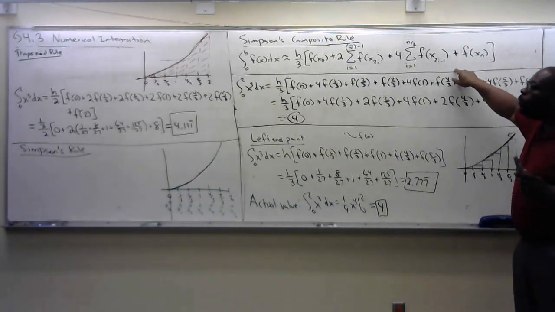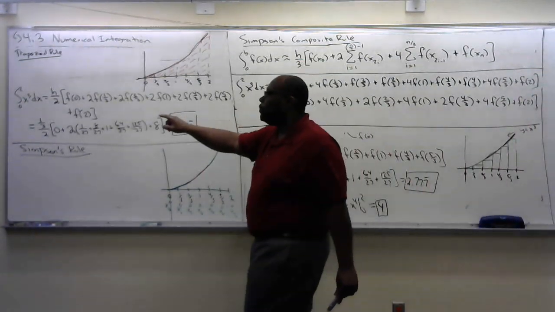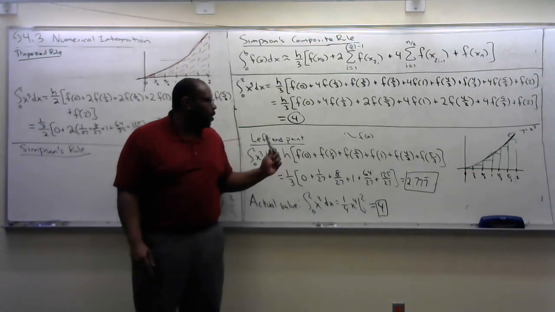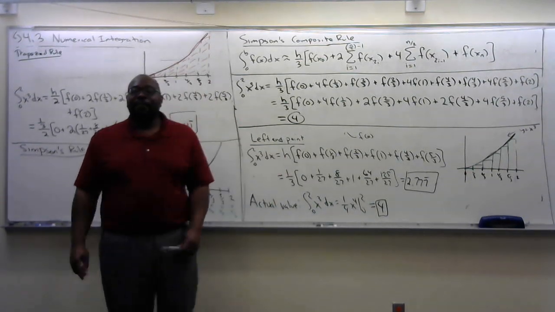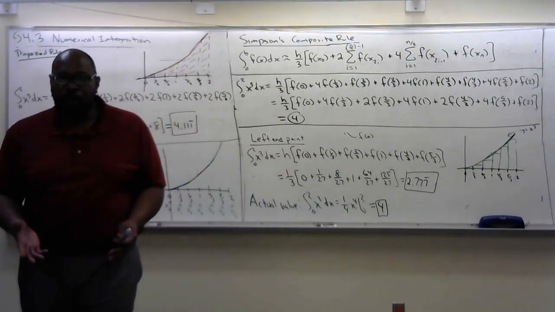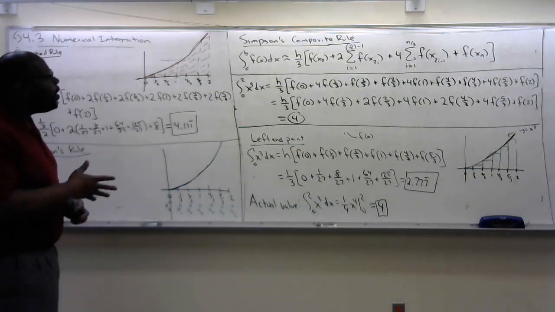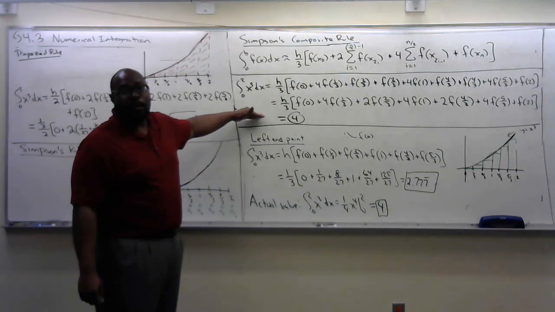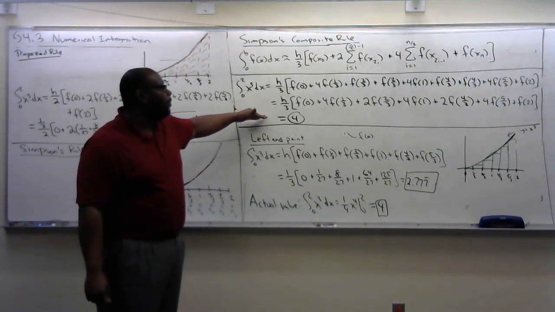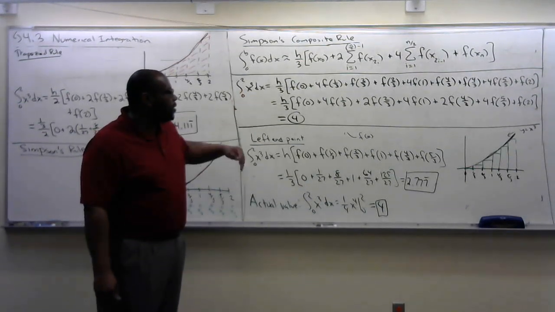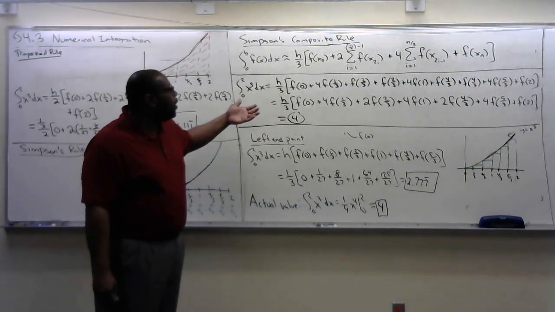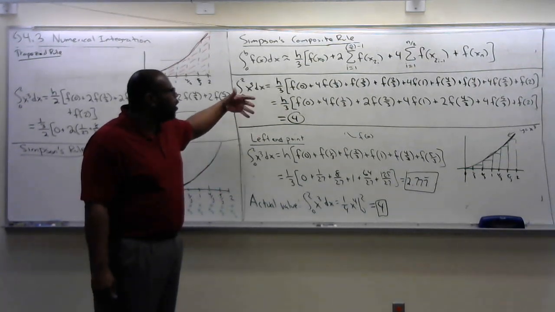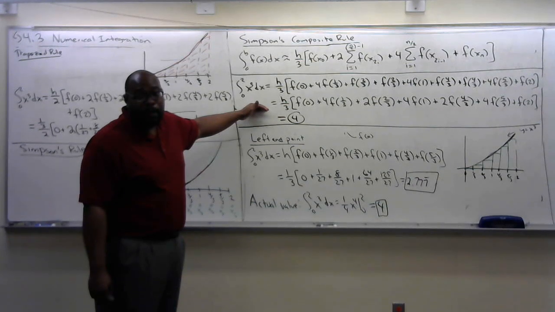What is the fourth derivative of x cubed? The fourth derivative of x cubed is 0. So therefore there will be no error for Simpson's rule for cubic functions. If you use Simpson's rule for cubic functions, you'll always get the exact value.